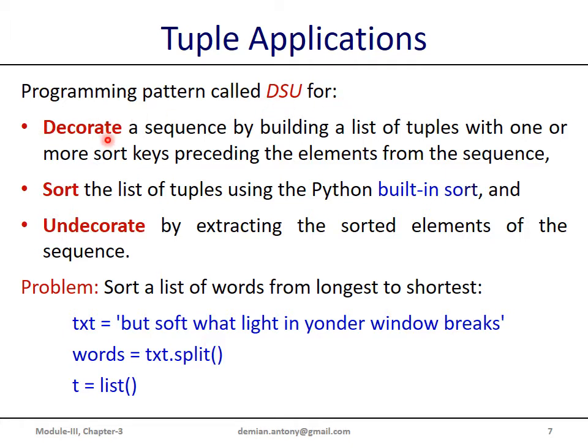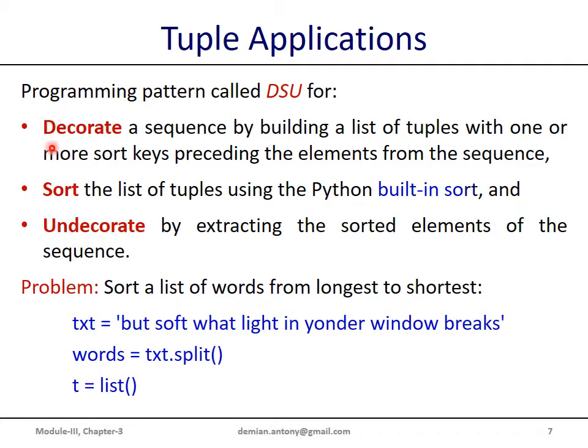Decorate means you create a tuple by taking a few of the preceding elements of the complex data sequence. Then you sort the list of tuples involving these elements of the data sequence. Then finally you extract only the sorted sequence of data elements, not the entire tuple. That's what we call undecorate.